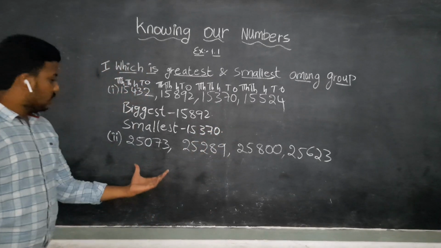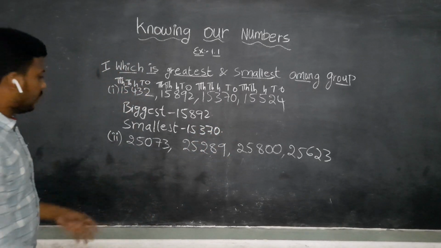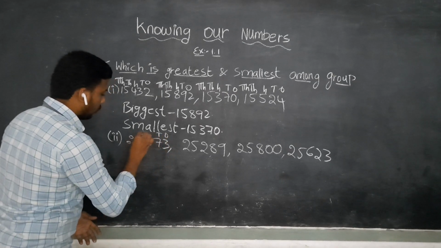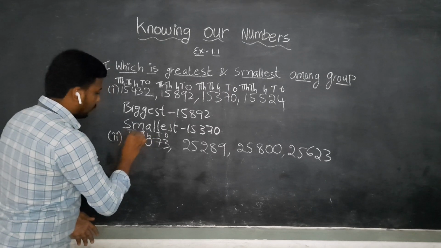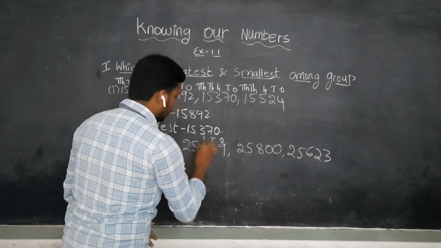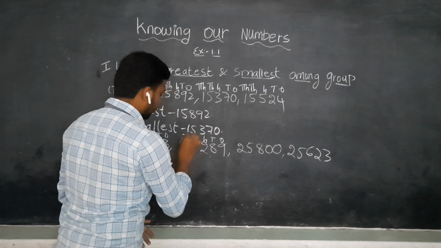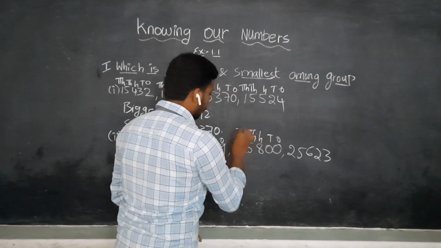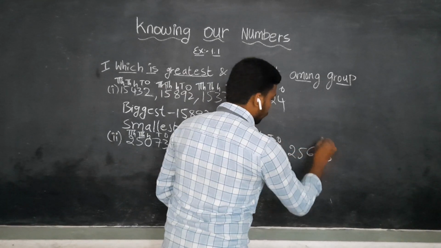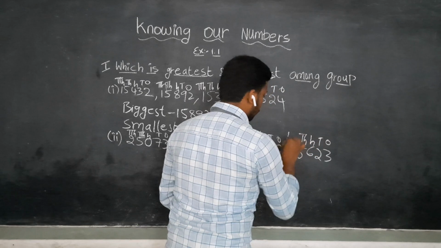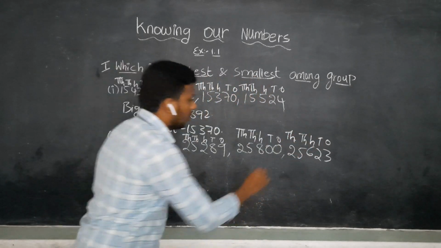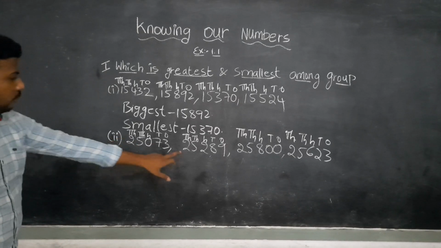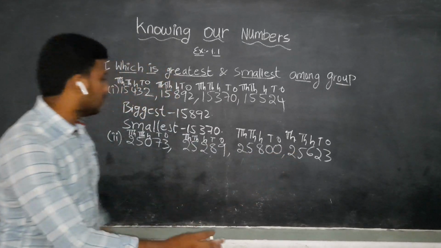We'll see the next one. Same concept. First of all we write the place value system: ones, tens, hundreds, thousands, and 10,000s. We start from the biggest value, that is 10,000. In the place of 10,000 we have 2 and 2, all are the same.